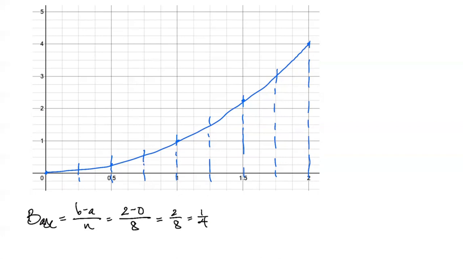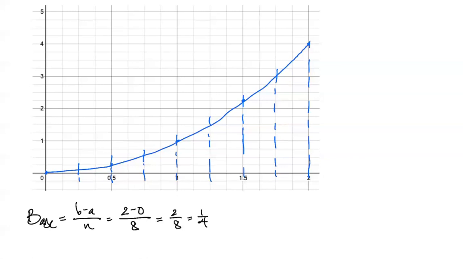Why do we think it might be better? For one thing, we're going to be taking the middle of each rectangle, and middle tends to be a nice balance between an over and an underestimate.